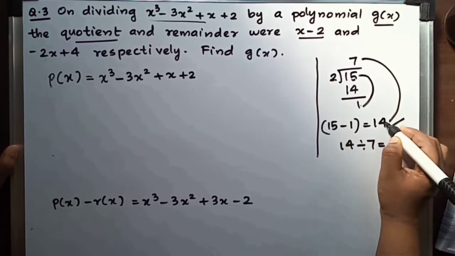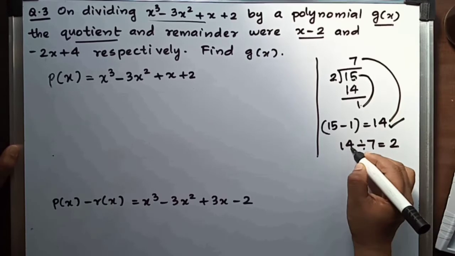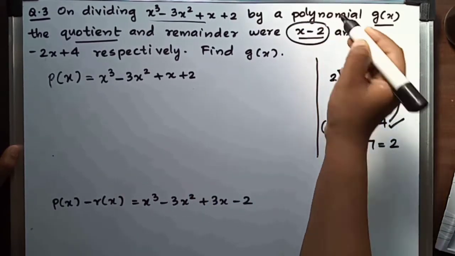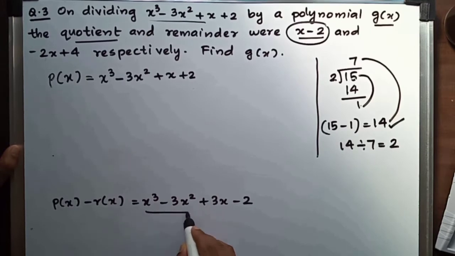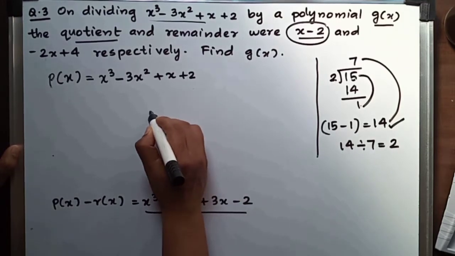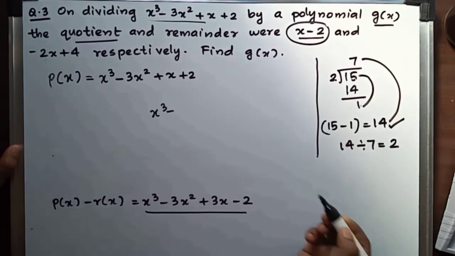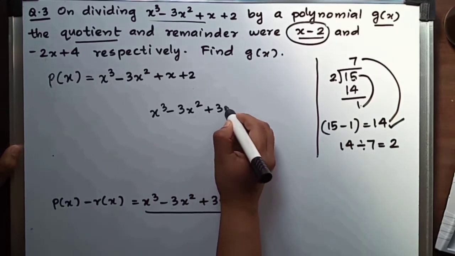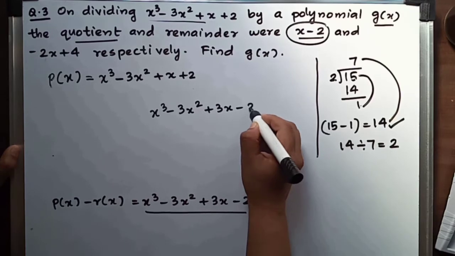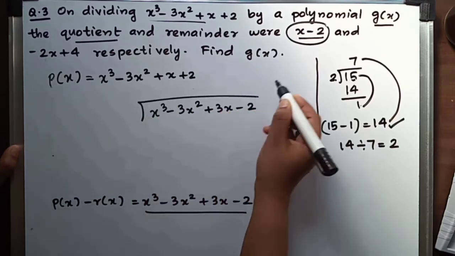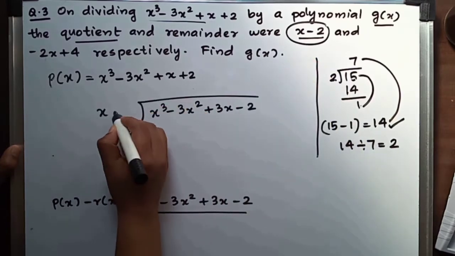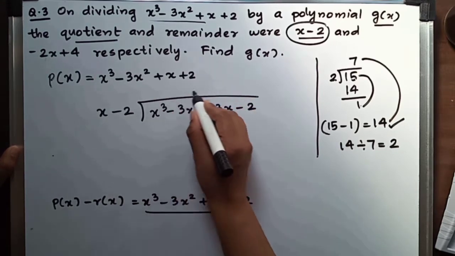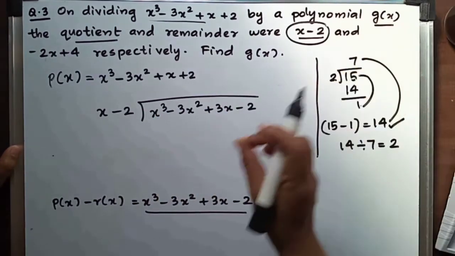Now we have to divide this by the quotient, x minus 2. So we divide this polynomial x cube minus 3x square plus 3x minus 2 by x minus 2. Then we will get the required polynomial, that is g of x.